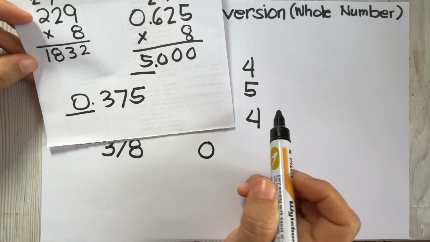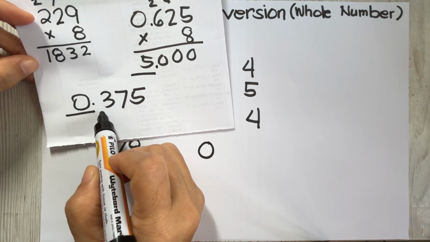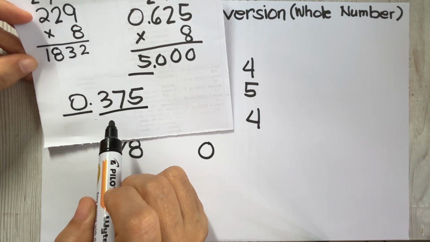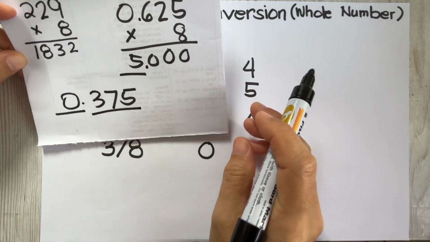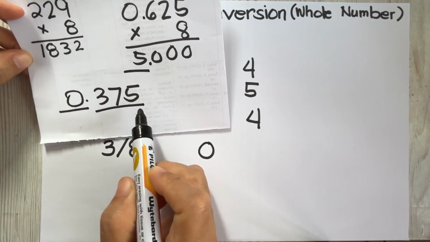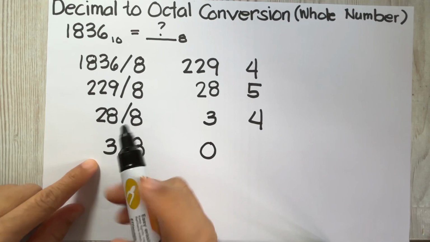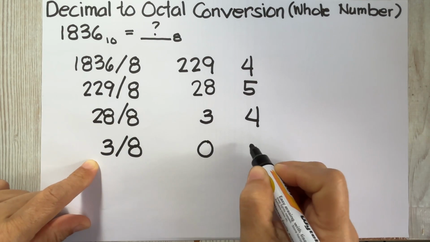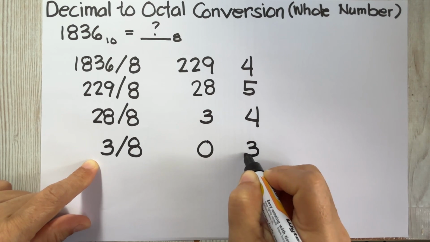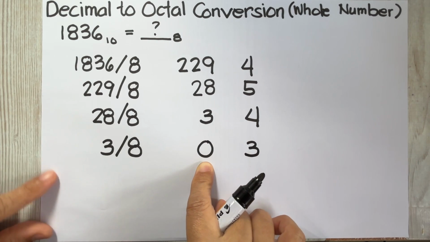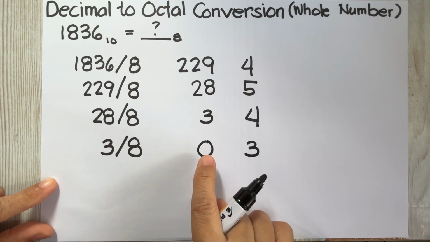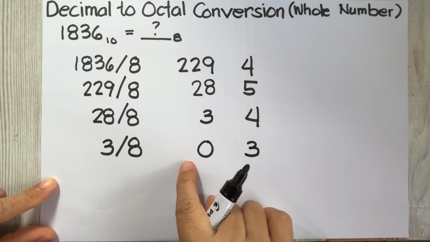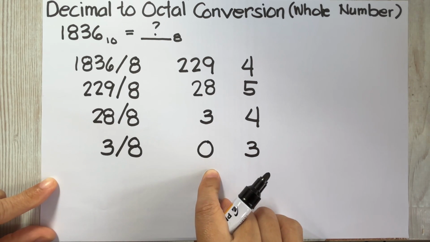For the remainder, either you multiply 0.375 by 8 and you'll get 3, or you just copy what is from here. That's the remainder, so that is 3. Since our integral part here is 0 and dividing 0 by 8 will be 0, this is the time that we are going to stop.